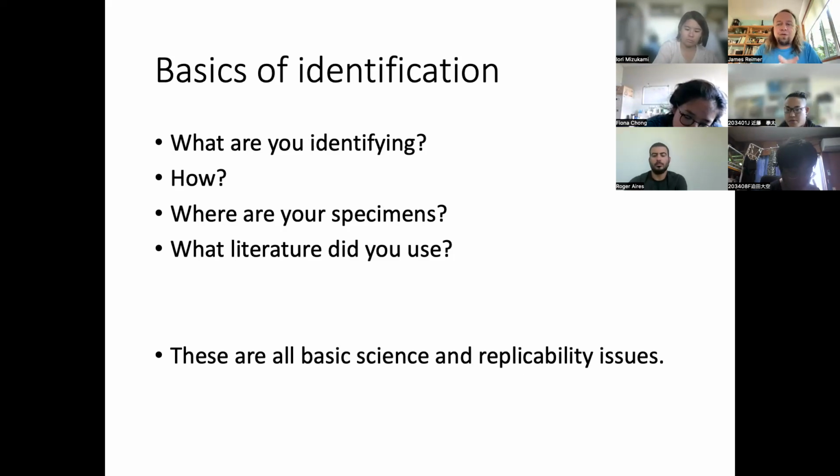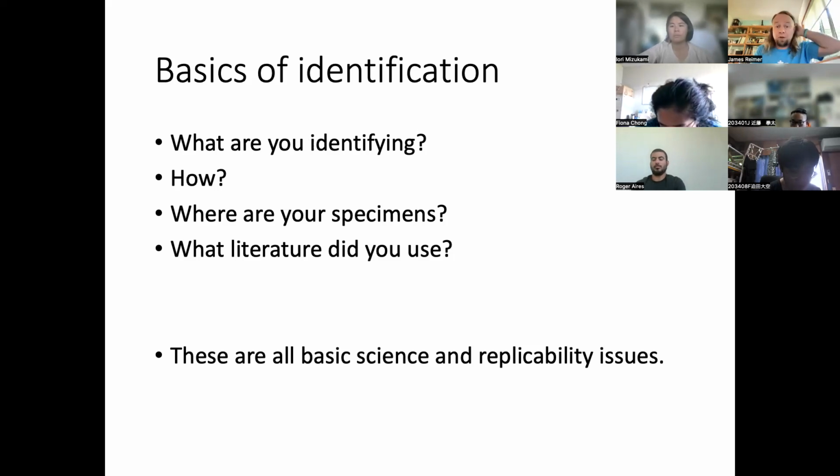So even if you're not a taxonomist, you need this information in your paper. This is the number one problem that I see with papers when I'm reviewing. People say, oh, we went out, we collected some soft coral, we looked at their bacteria, it was really cool. I'm like, okay, how did you identify the soft coral? Oh, our friends told us.